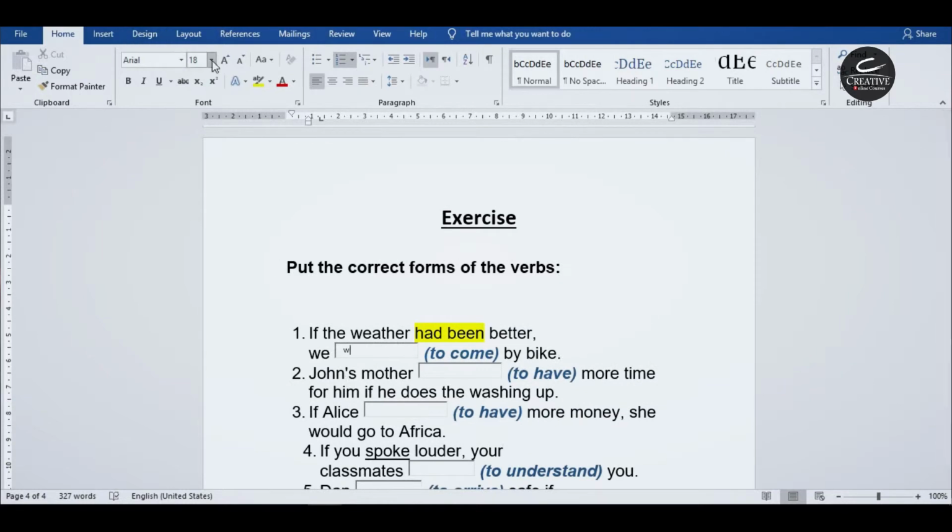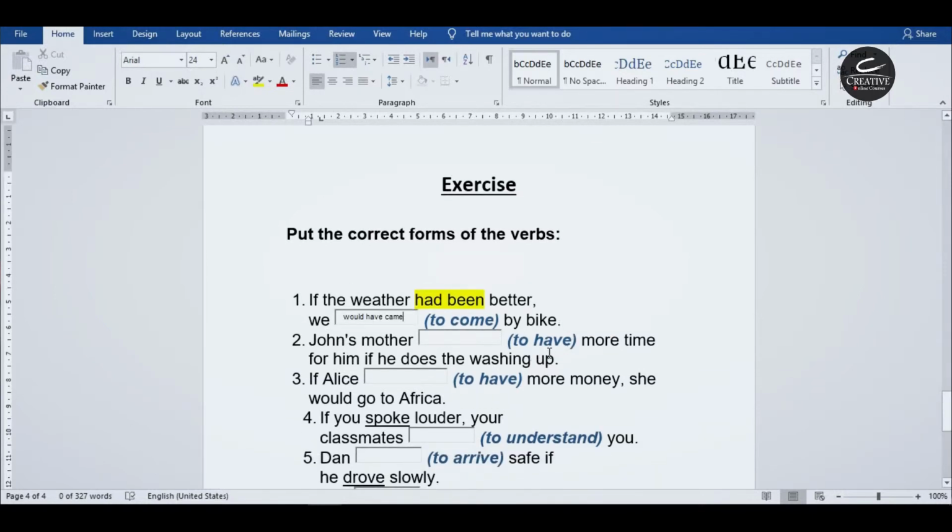Number 2: John's mother, more time for him if he does the washing up. Which tense is this?